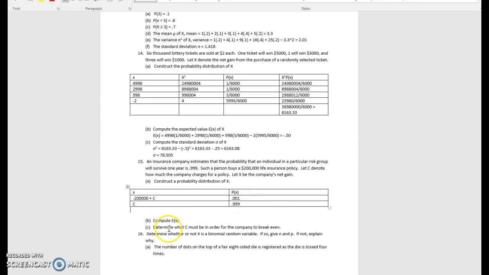Let's go ahead and think that we're going to take X and we're going to multiply it times 0.001, and then we're going to take the C and multiply it times 0.999. All right, so this is going to look a little bit odd, but let's go ahead and do it. We're going to have negative 200,000, make sure I get enough zeros there, plus C times 0.001, and then we're going to have C times 0.999, well, 0.999C.